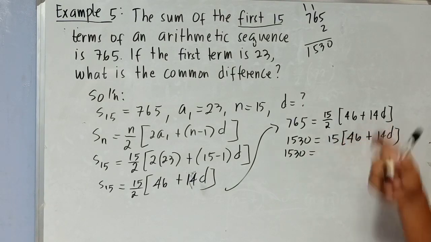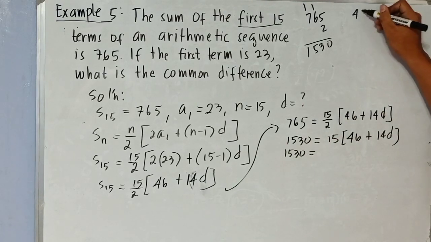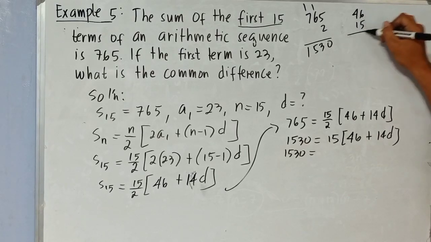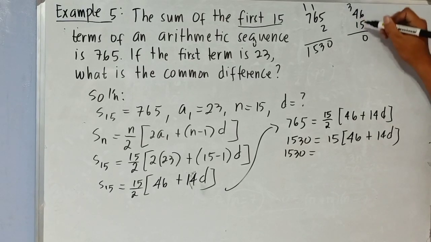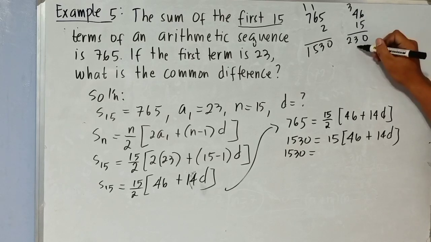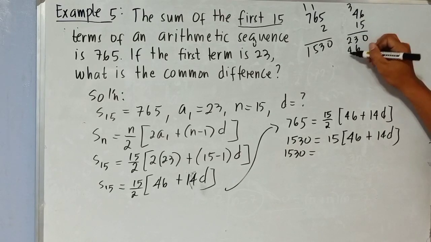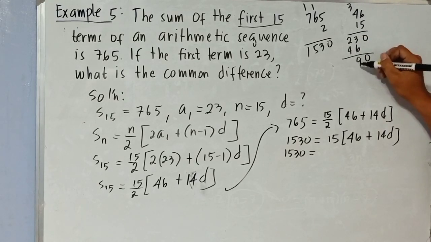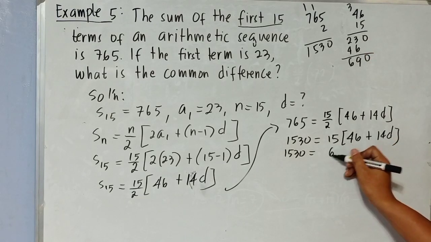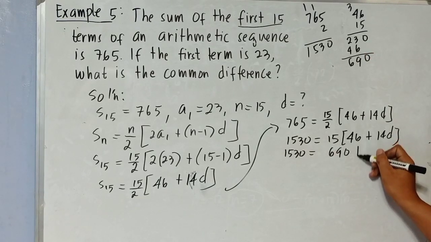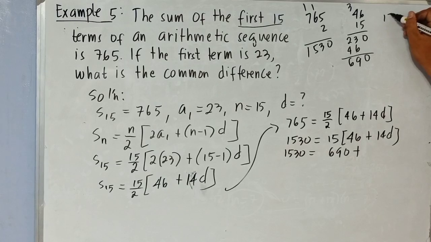Distribute 15 times 46. So, 46 times 15, that is 690. Plus, multiply 15 and 14.